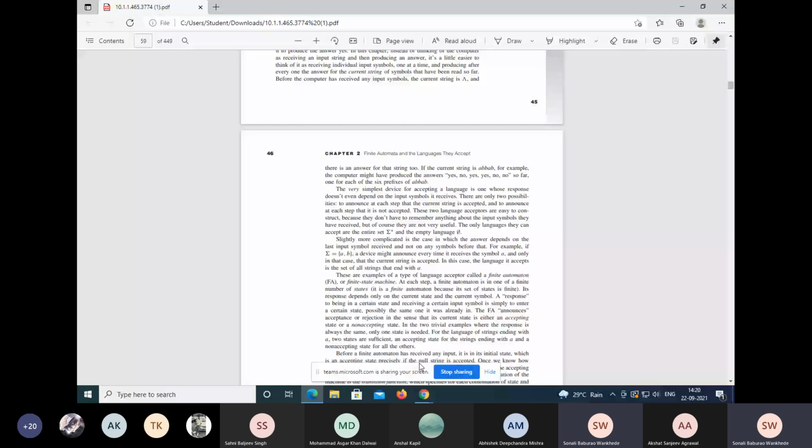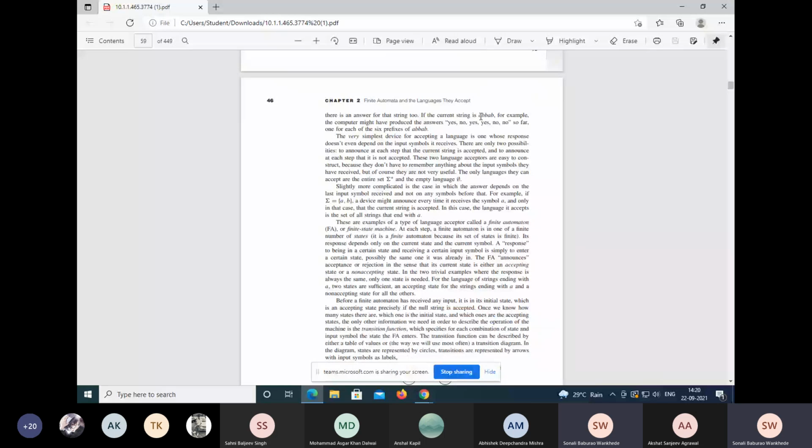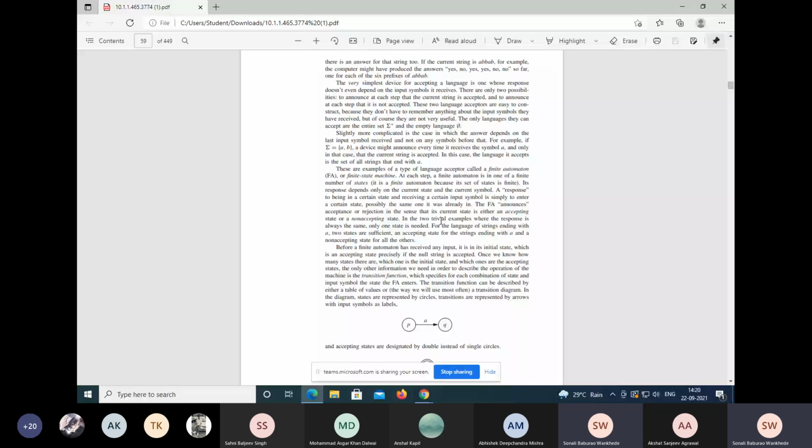Your second prefix, B, is in the non-accepting state. Likewise, you have particular states. In the two trivial examples where the response is always the same, only one state is needed. For the language of the strings ending with A, two states are sufficient: an accepting state for the strings ending with A and a non-accepting state for all the others.